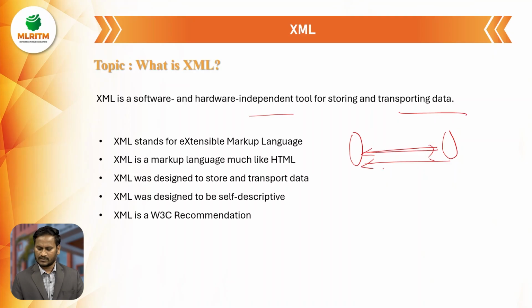So, XML stands for Extensible Markup Language. We can extend the tags or codes at any time, so it is a user defined language. XML is a markup language much like HTML. We know HTML is an easy language.